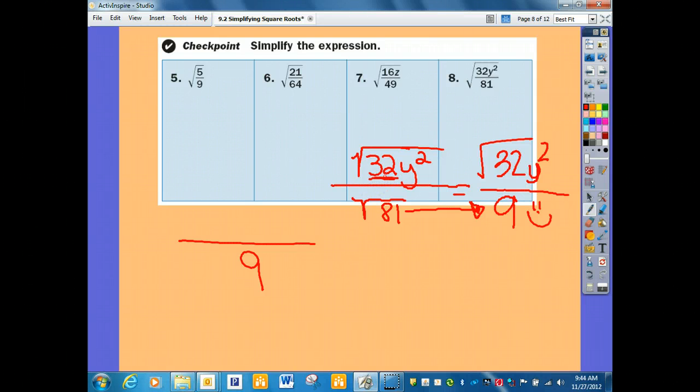Is 32 prime? No. Is it perfect? Poor 32 is not perfect. But let's do the factor tree, or do you want to do the greatest square root? What's the greatest square root in it? 2 times 2 is 4. Oh, 16.